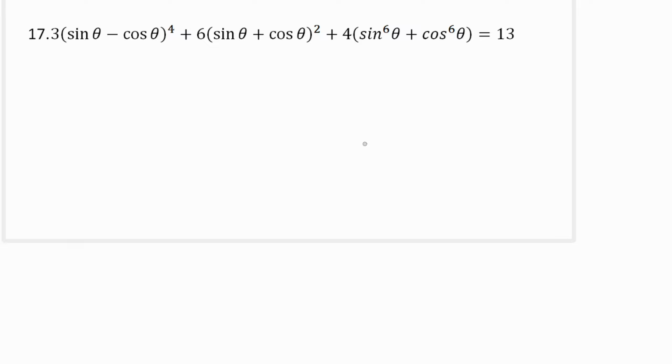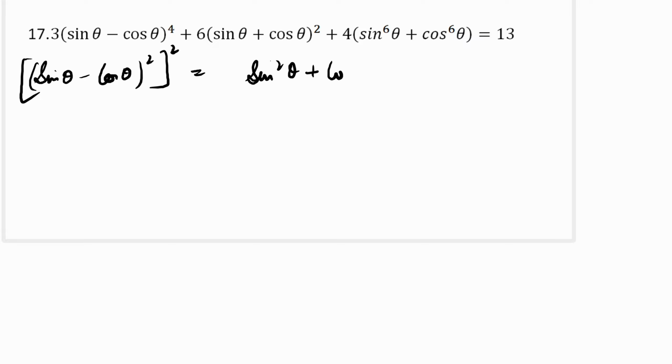Okay. So let's start with this. (Sin theta minus cos theta) whole square. So this will become sin square theta plus cos square theta minus 2 sin theta cos theta. This is a minus b whole square. This will become 1.